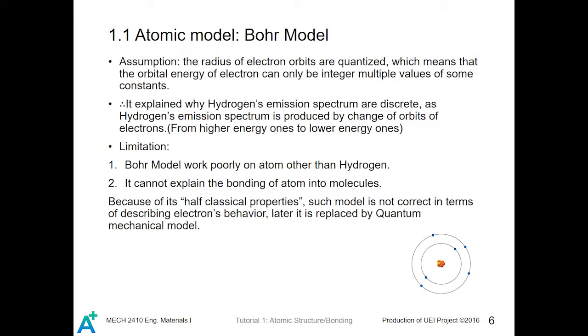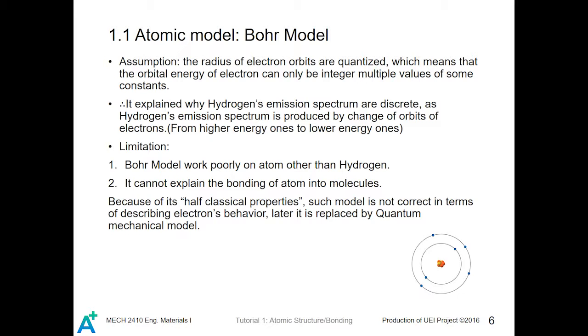And that means the values for electron orbits are discrete, and not continuous. And also that means the orbital energy of electrons can also only be integer multiple values of some fundamental constants.